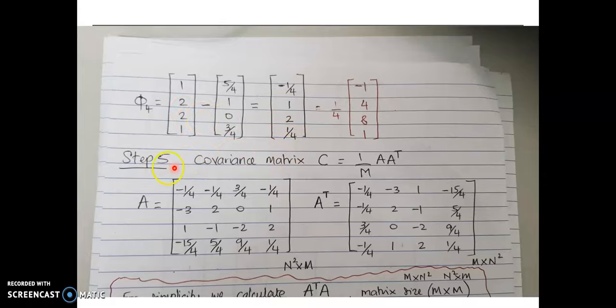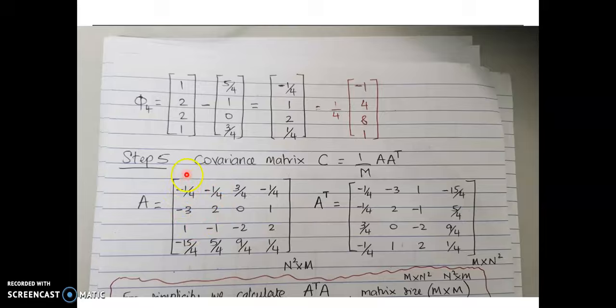Now there is an important step, step 5, where we construct a covariance matrix. The covariance matrix C is equal to 1 over M multiplied by the matrix A with the matrix A transpose. Now the matrix A is constructed using the difference values from the previous step.